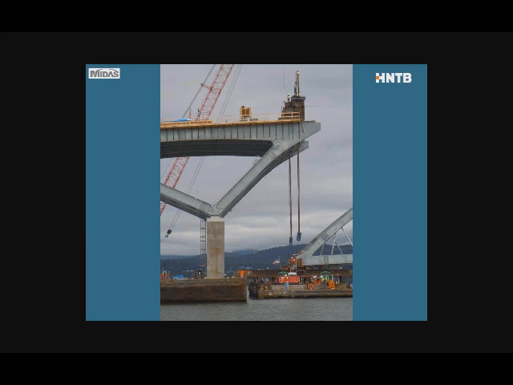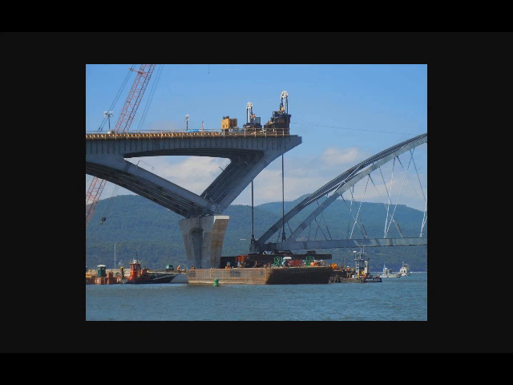Normally that operation should go rather quickly. A foot an hour shouldn't be a problem. Should be faster than that. So here we go. The cables are ready to be attached to the arch rib, or to the end floor beam, that is, and we have lift off.